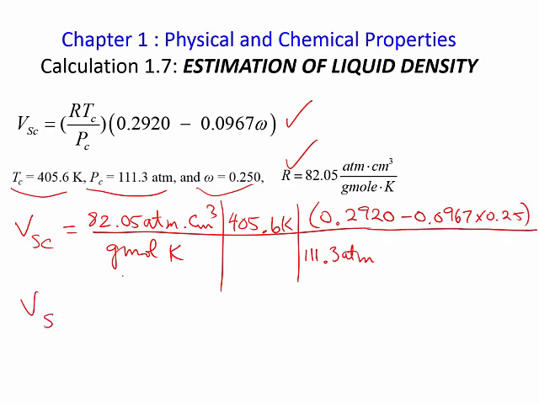This will give us a value of VSC as 80.08 cm³/gmol.